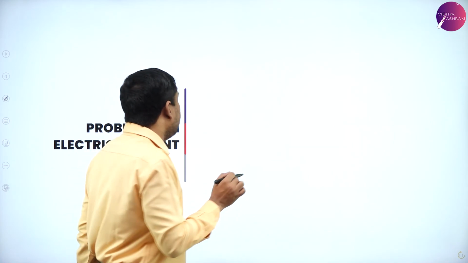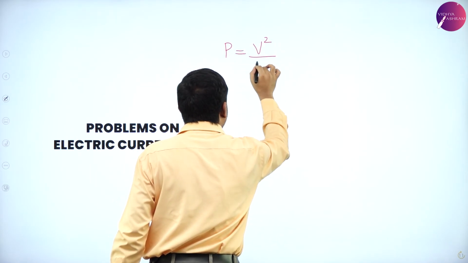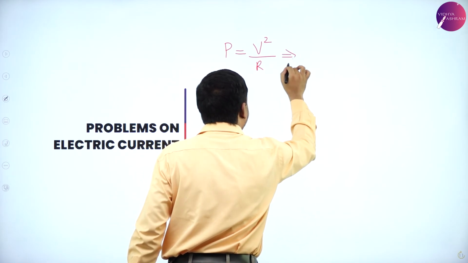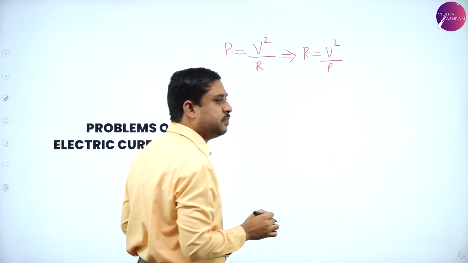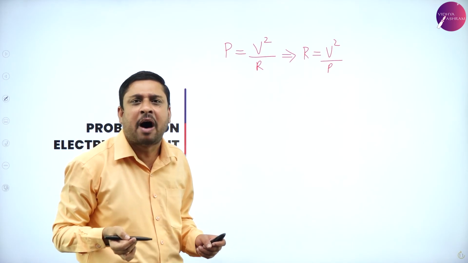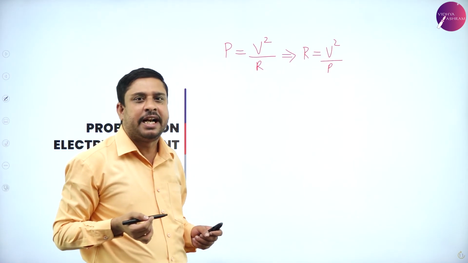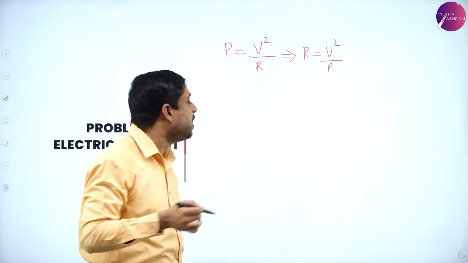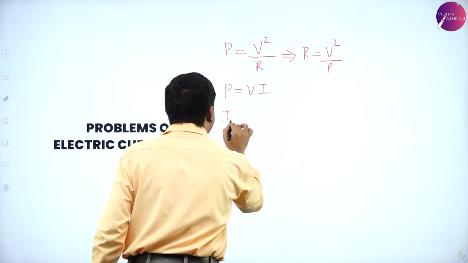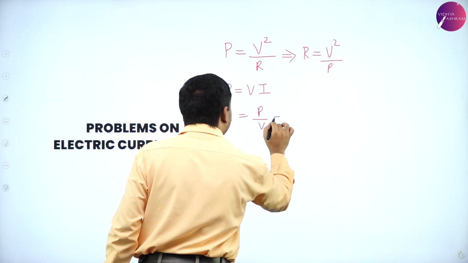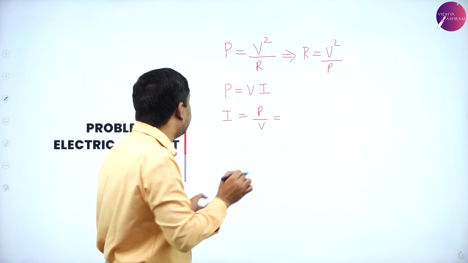Now, we know P is V square by R, which implies the resistance is V square by P. Basic definition of power, V square divided by R, or R is V square divided by P. Now, current flowing through the lamp, P is V into I, or I is P by V. Power is 90, voltage is 30.